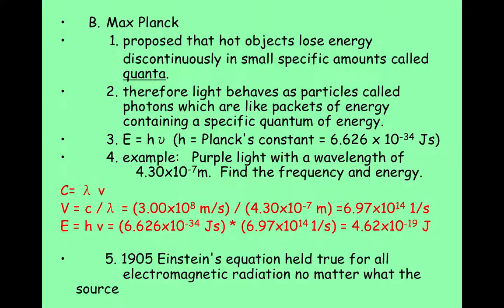And in 1905, Einstein's equation equals mc squared. It held true for all the electromagnetic radiation, no matter what the source. So what I'm trying to say here is Einstein and Planck, their work that they did separately, agreed with each other. And that's always good in science, that if one person's just saying something, it might not have that much weight.